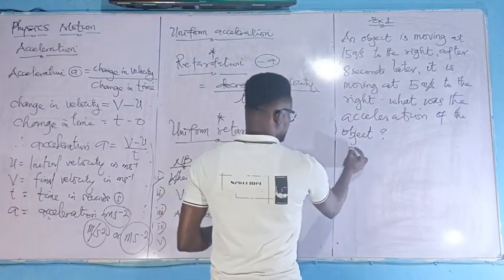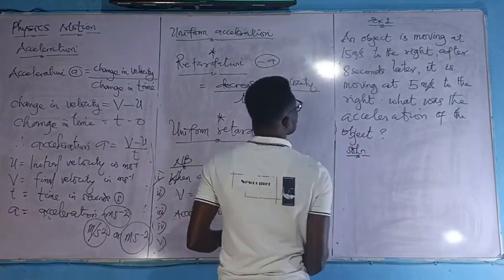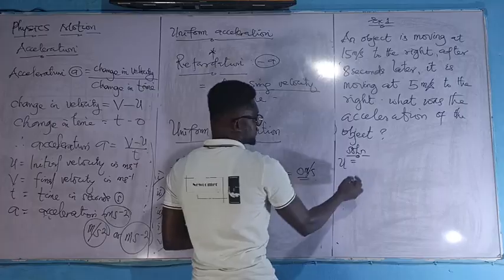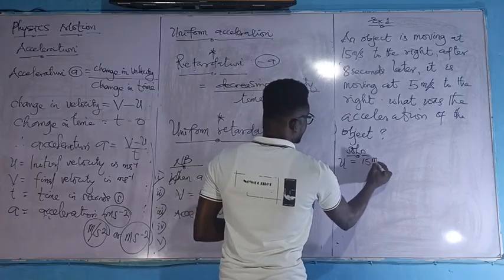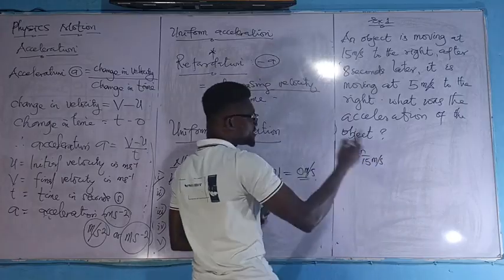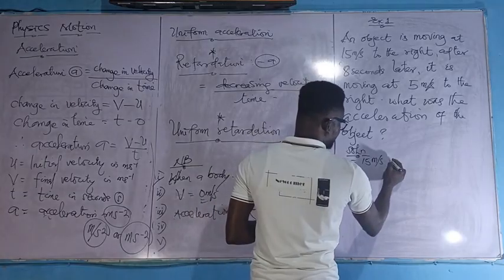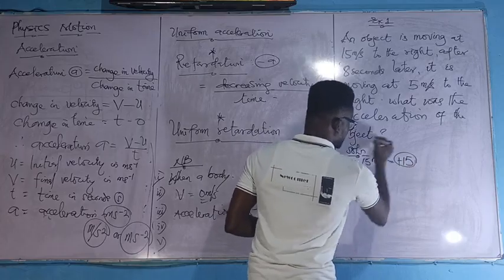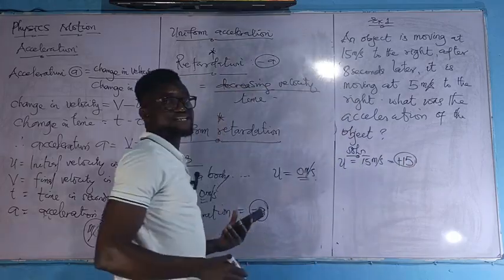So solution. Now initial velocity of the motion is 15 meters per second to the right. Hence we are now taking 15 plus. That's the direction.